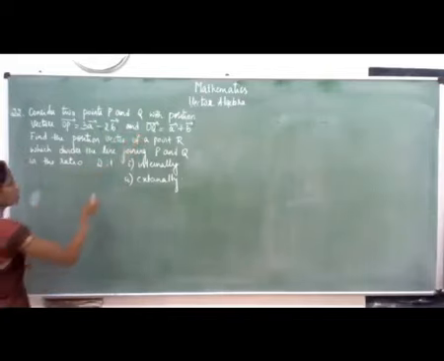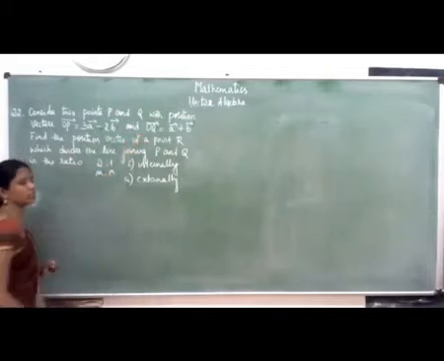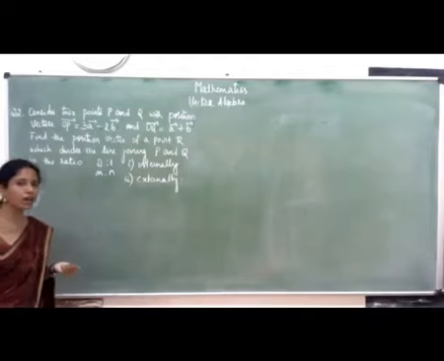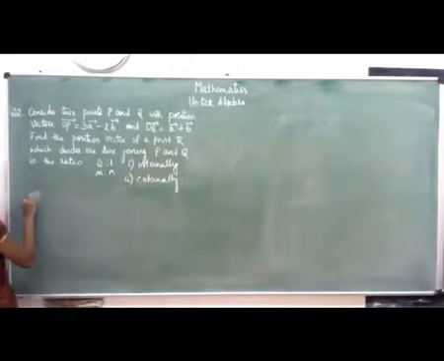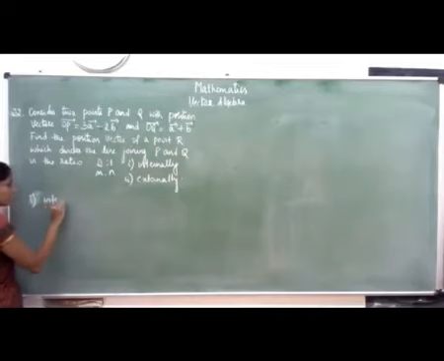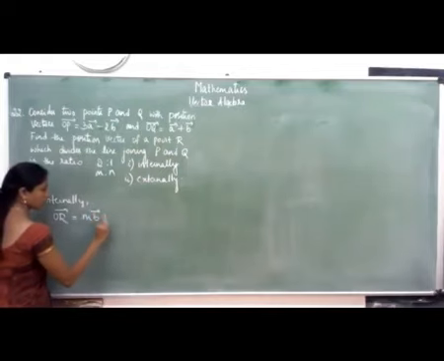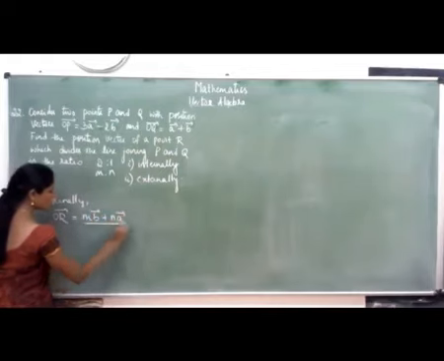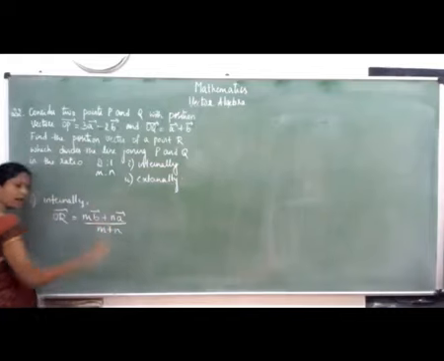The ratio 2:1 is nothing but m is to n. That is, the m value is 2, the n value is 1. So for case 1, that is called internally, what is the formula? The position vector OR is given by m into vector B plus n into vector A divided by m plus n. What is the value of m here?